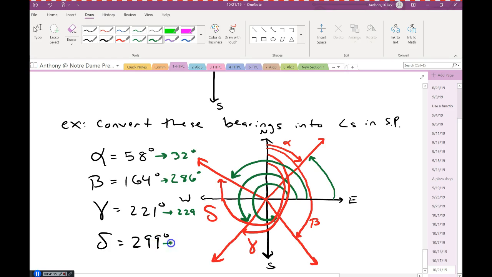What did you say it was, David? 160? That doesn't seem right. Yeah, that seems better. So the way we did this was we noted that this much was 29, which means that this side is going to be 61, and then 90 plus 61 gives me the 151.